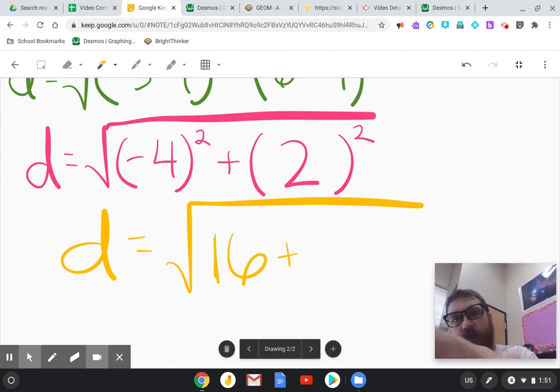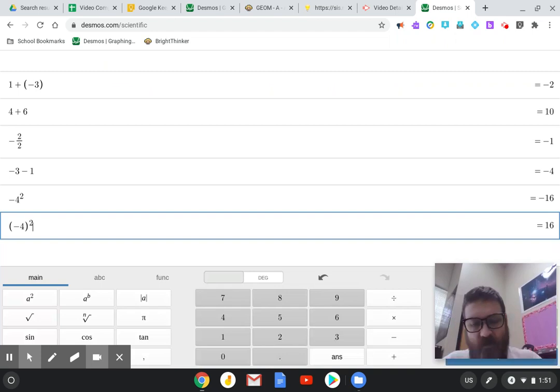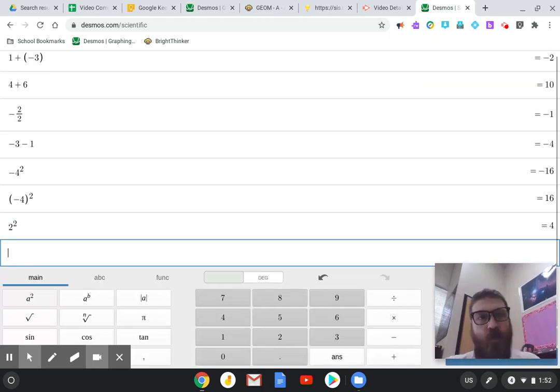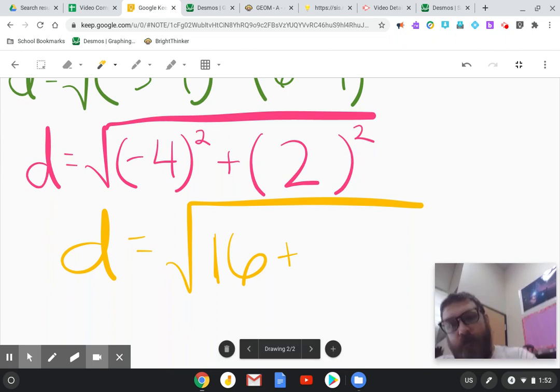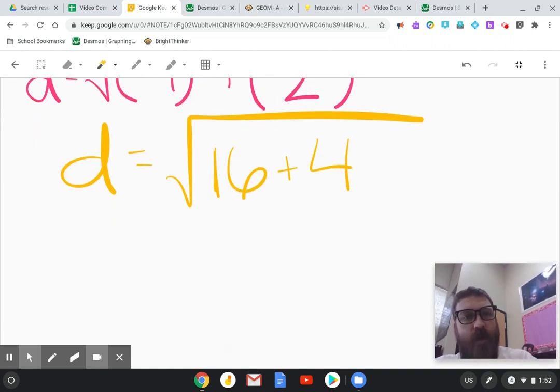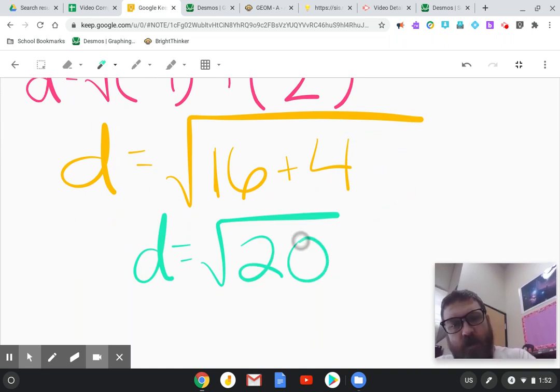2 squared, same thing as 2 times 2, but 2 squared is 4. Keep going. D is equal to the square root of 20.